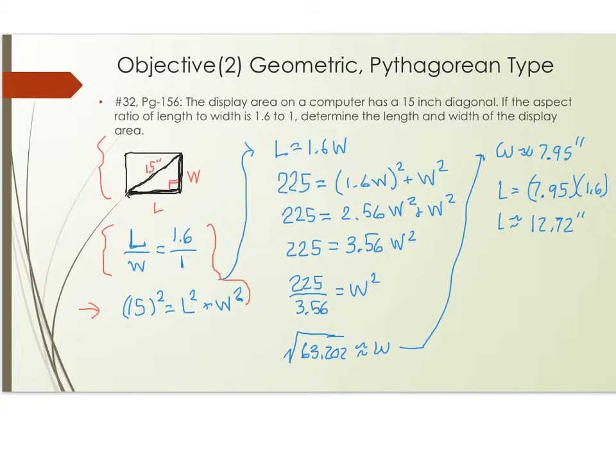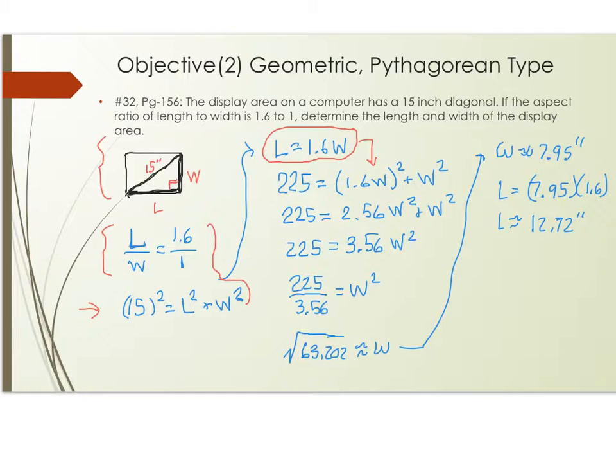Well, now we know that the length is equal to 1.6 of the width. That's from our ratio. And we will plug that length into where the length is.